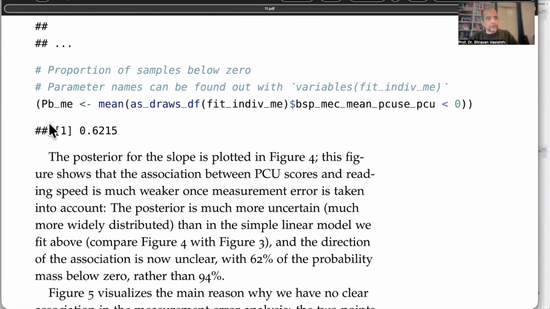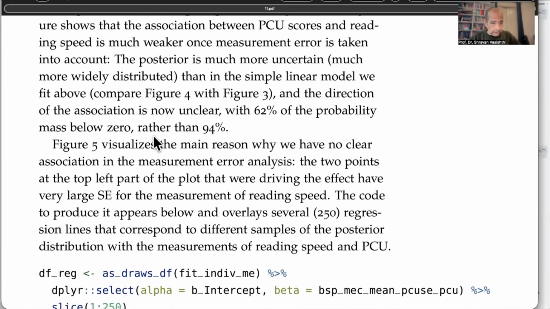Okay, so you can also compute the proportion of samples of the posterior slope parameter, representing the effect of PCU on reading speed, being negative, and you see that it's much smaller now. Earlier it was almost 95% and now it's down to 62%. The reason it's gone down, did I have a plot of this?